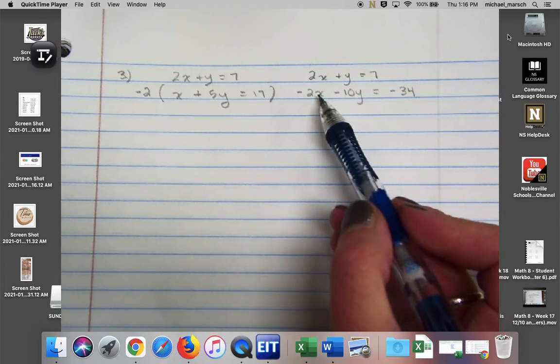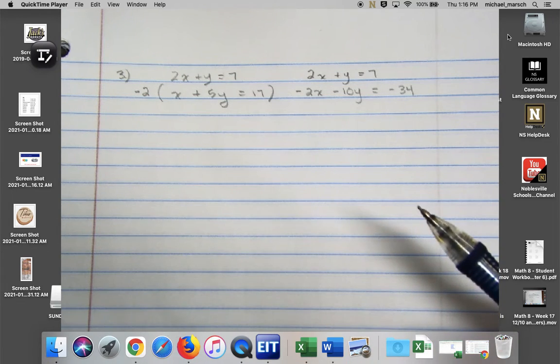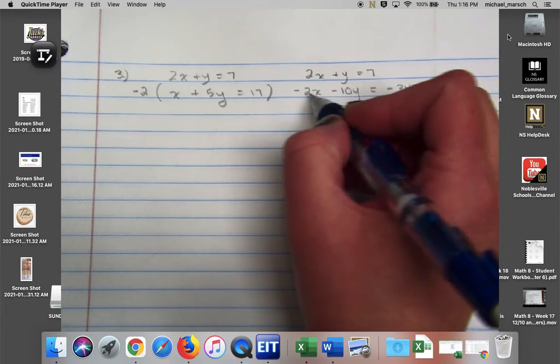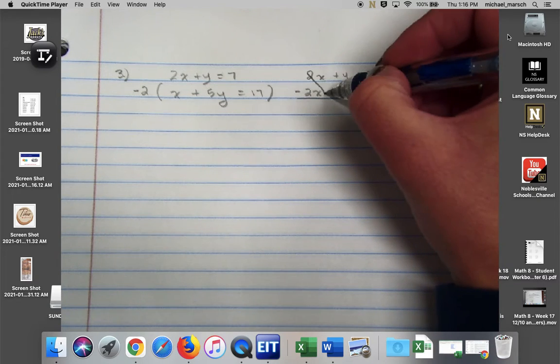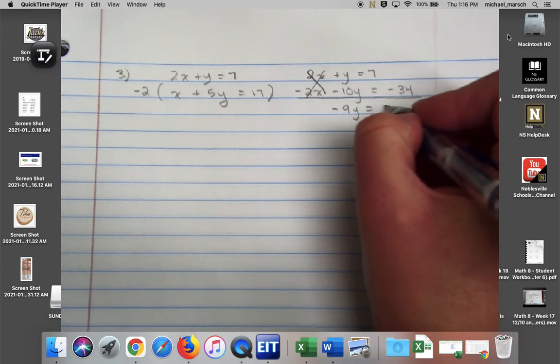Because that forced this into a negative 2x, so now I can get rid of my x's. If I had decided to multiply the top equation by negative 5, then everything would have forced my y's out, right? So this is where you guys have a little freedom here. So now my x's are gone, and I have negative 9y equals negative 27.